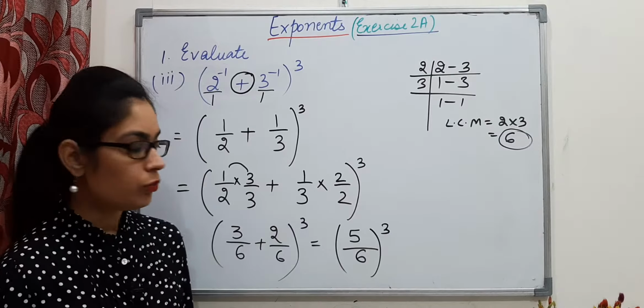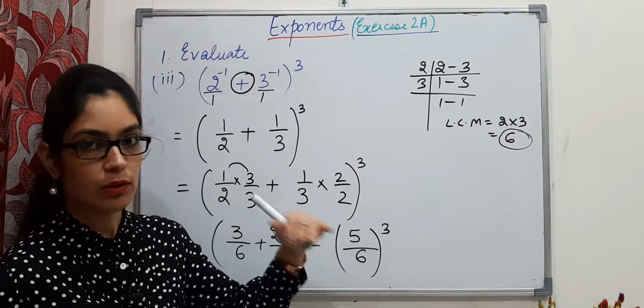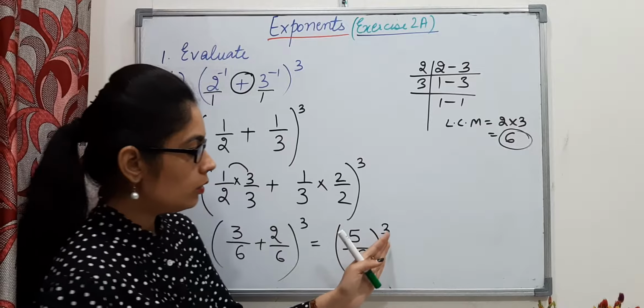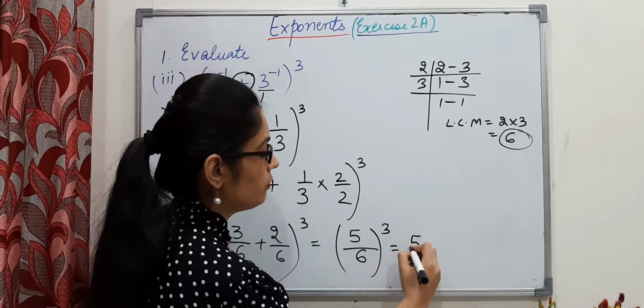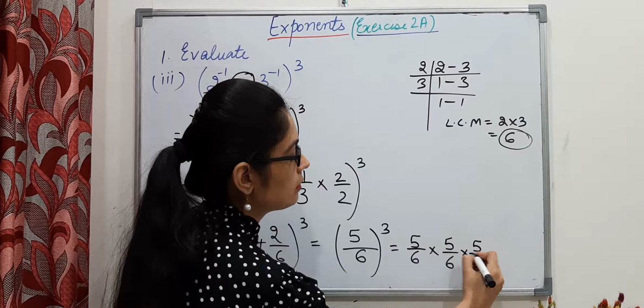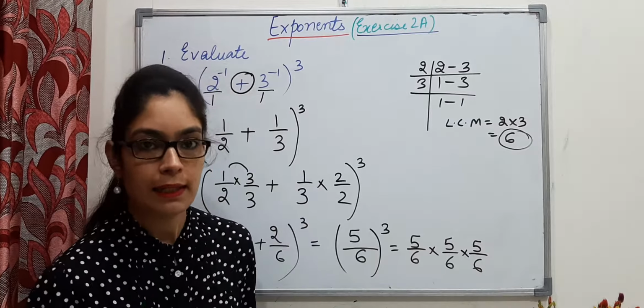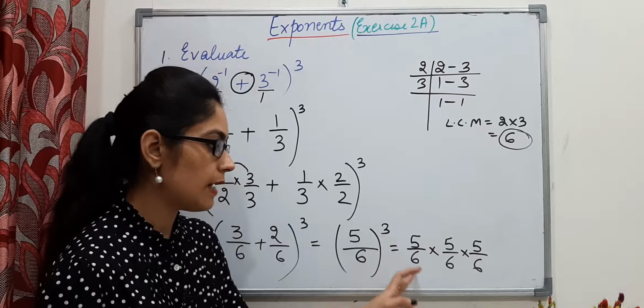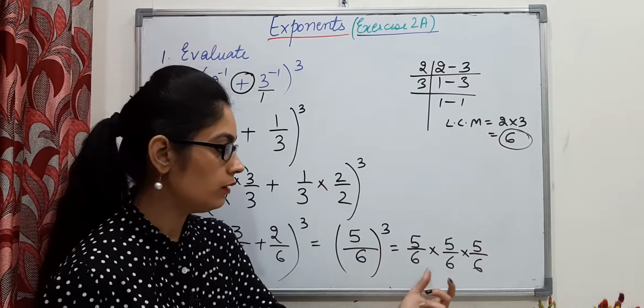Whole power cube means we have to solve it. See, evaluate means we have to solve it. So power 3 means 5 by 6 into 5 by 6 into 5 by 6. The number gets multiplied by itself 3 times, because 3 is the power: 1, 2, 3.